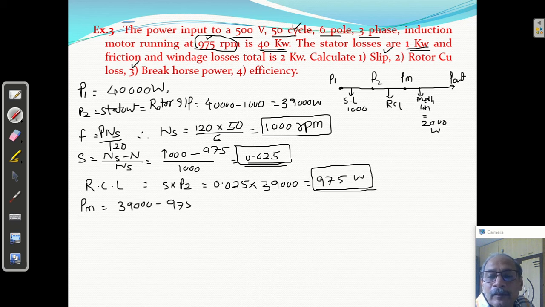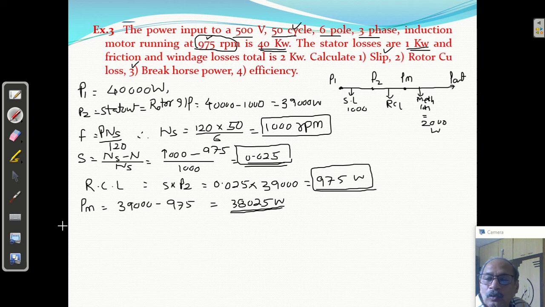P2 is 39,000 minus 975, so you will get 38,025 watt. That is the PM. So we got PM also.